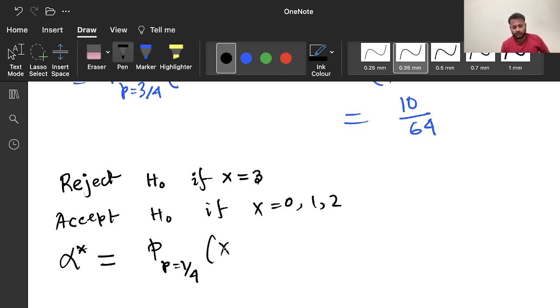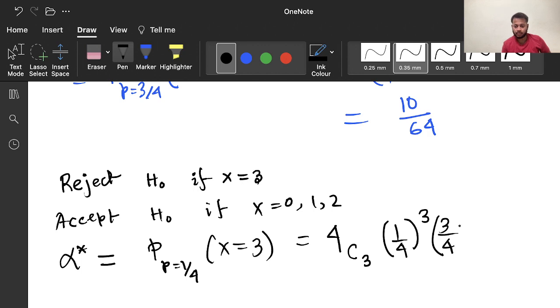Since it follows a binomial distribution, that will be 3c3 times (1 by 4) cube, so that is 1 by 64.